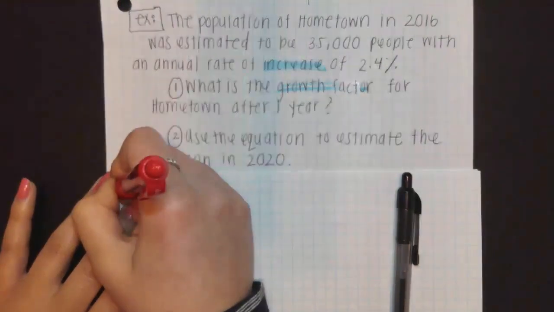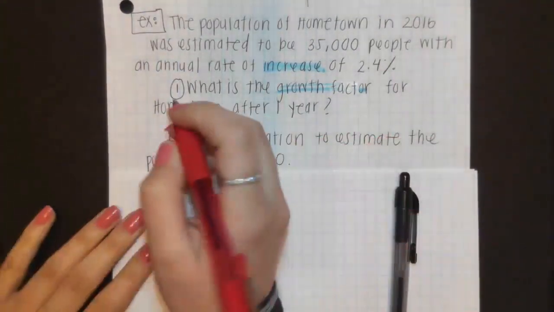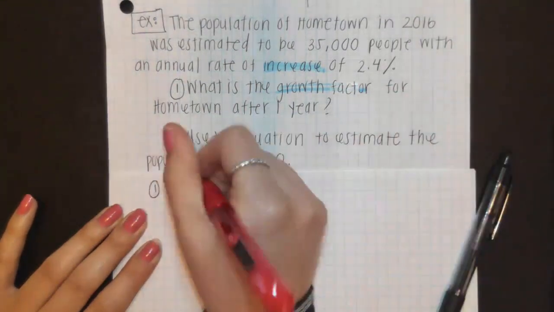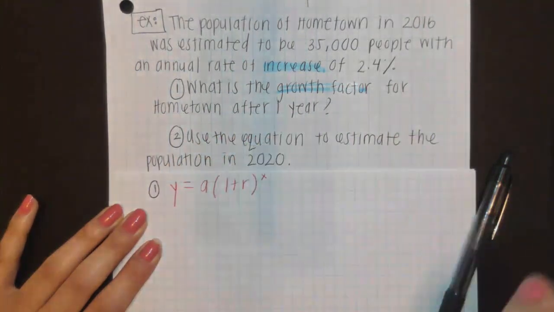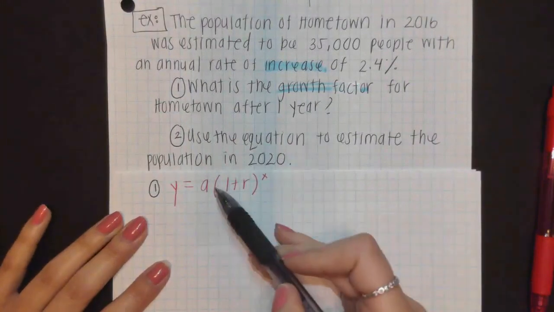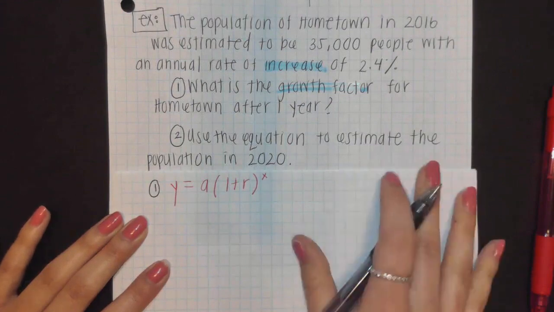Let me get my different colored pens out. Okay, so we're going to be using the y is equal to a times 1 plus r raised to the power of x. Now all we have to do is, from our word problem, we need to substitute in the values for the variables and then just do some algebra to solve.